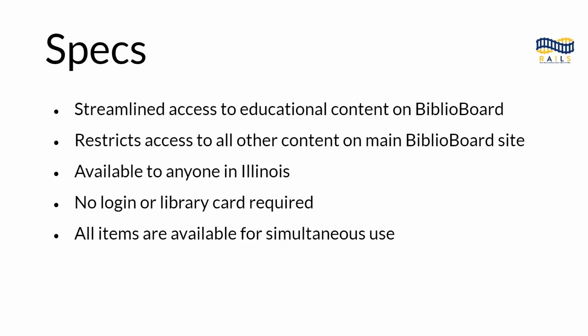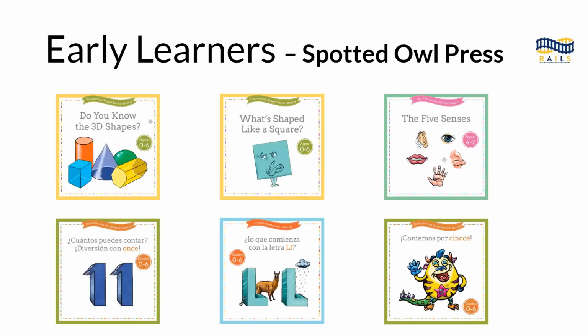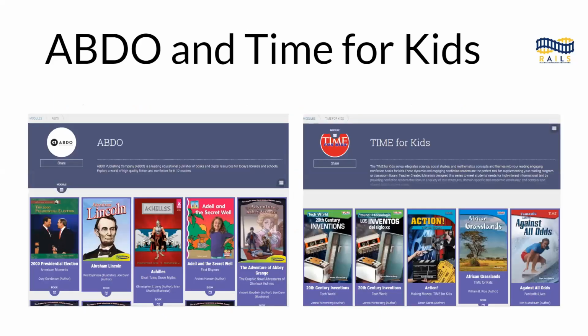So I'm going to give you some examples of some of the content that you're going to be able to find on the Rails for Schools Biblioboard site. So for example, we do have a collection of picture books for early learners via Spotted Owl Press, some sort of basic content about shapes, and numbers, and letters. We also have a couple of collections of materials available from two educational publishers, from Abdo and Time for Kids.